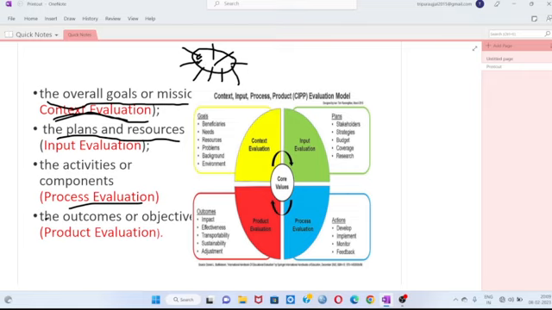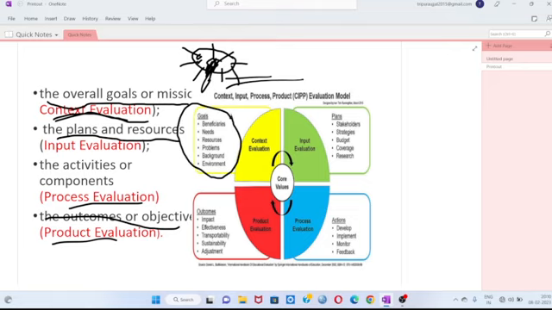Now the last one is outcomes and objective of the product. What have they done, whether they have learned more. So now you can see that in context there is a goal, beneficiaries who will benefit in their particular area, in their particular place, and needs: is it necessary in that area, in that place or that time.